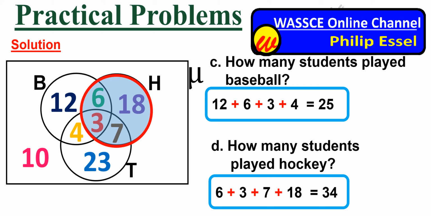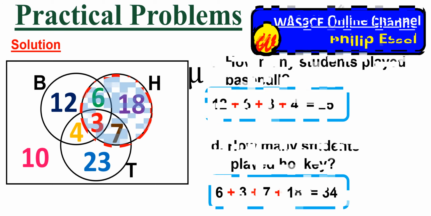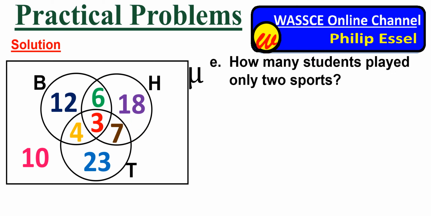Let's look at the next question. How many students played only 2 sports? So first, let's identify the regions that represent only 2 sports. So these are the regions that represent only 2 sports.